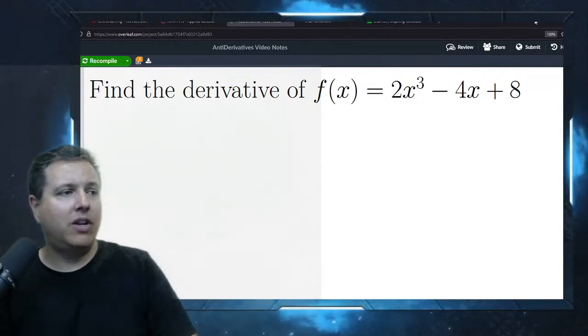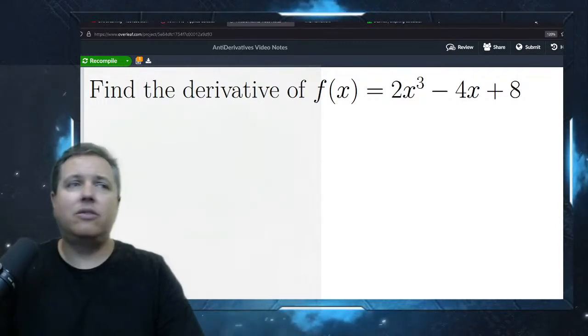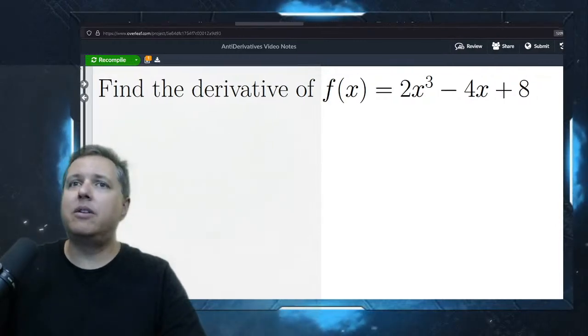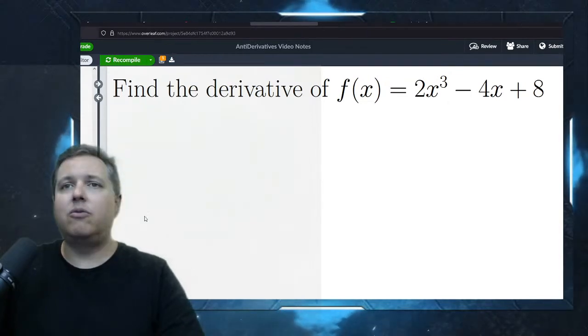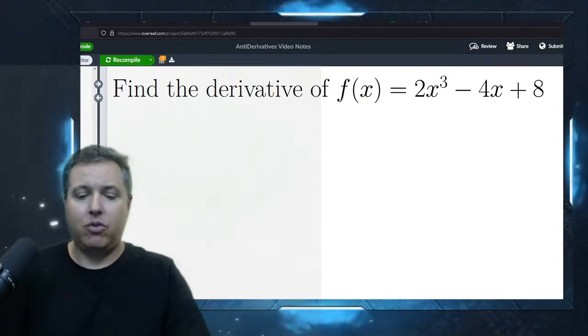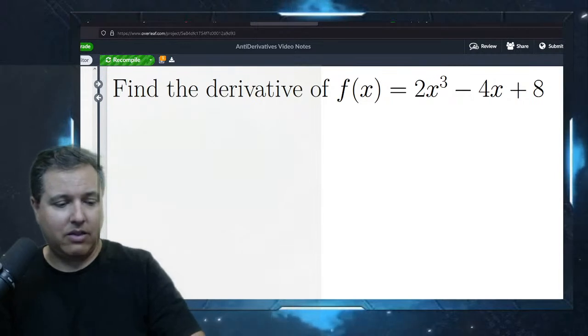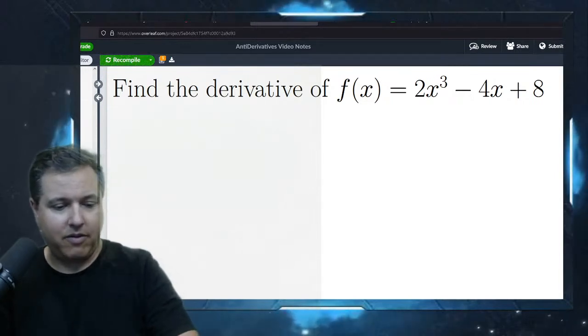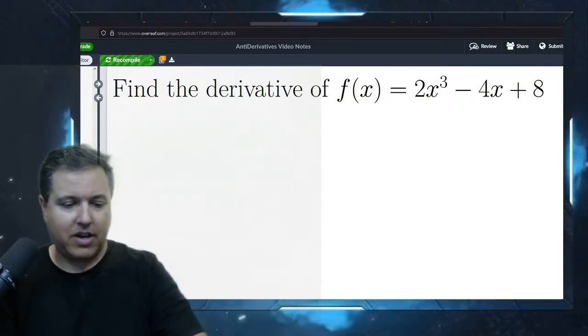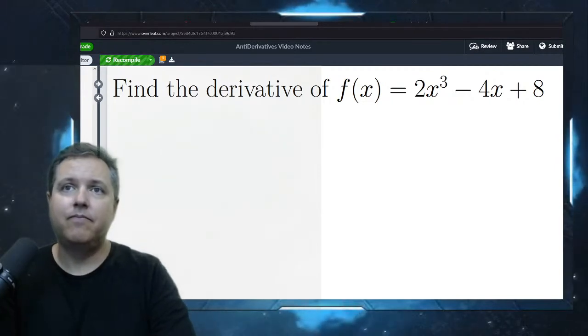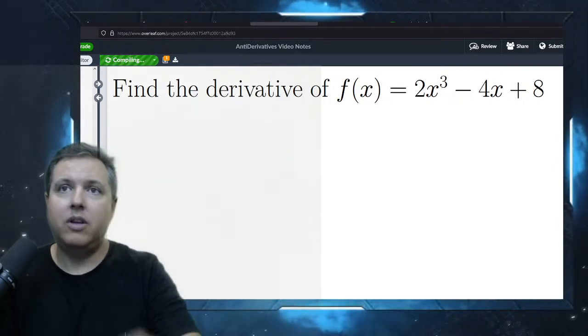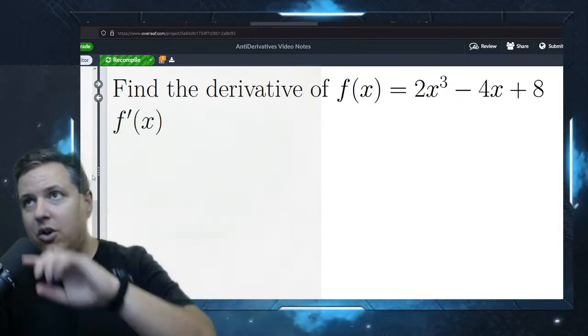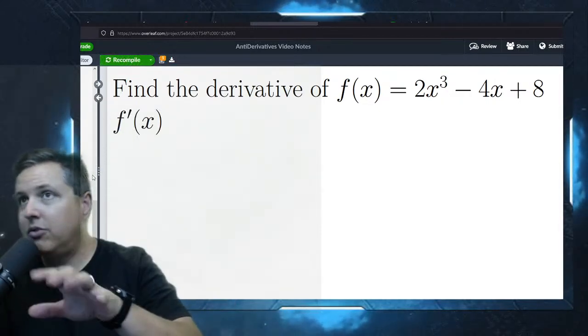When we take the derivative of this, we get that f prime of x equals, we're just going to do our polynomial derivative, right?